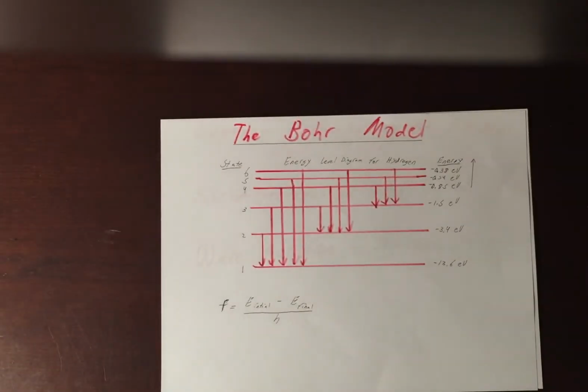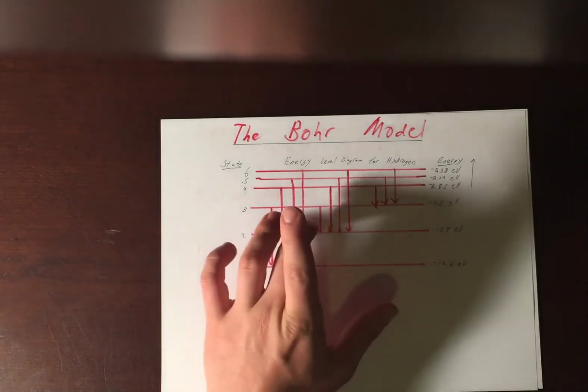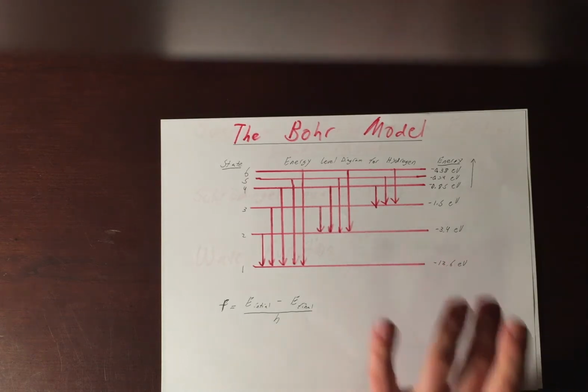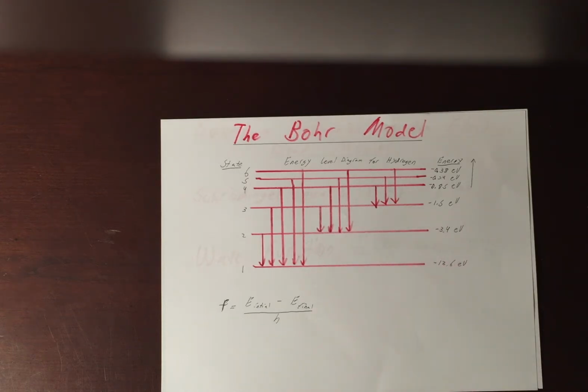This diagram shows the different energy levels for a hydrogen atom. All of these right here are going to be your UV rays. These are going to be your visible light, and these are going to be your IR rays. And as you go farther and farther up each state, your energy is going to become closer to zero.